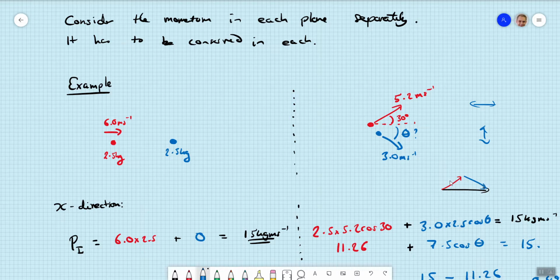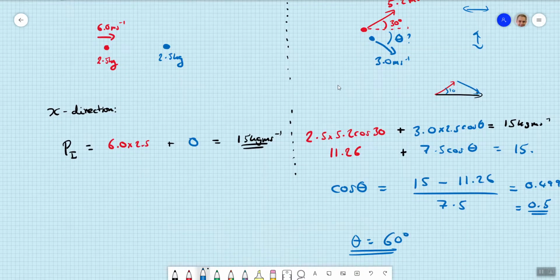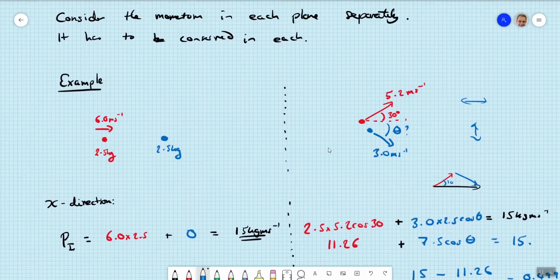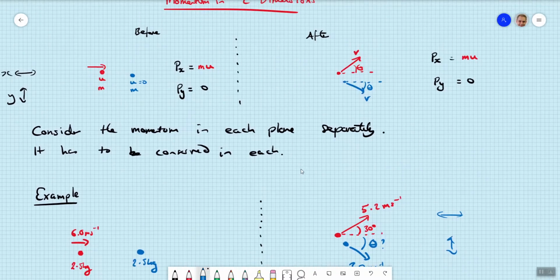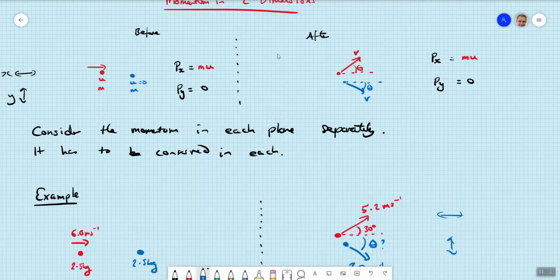So if you can do a scale model and say, oh, that's at 30 degrees, you measure that out. You can do it that way if they give you graph paper or squared paper that allows you to draw it to scale. But it's fine, it's simple, because often they don't want you to go to town on it.